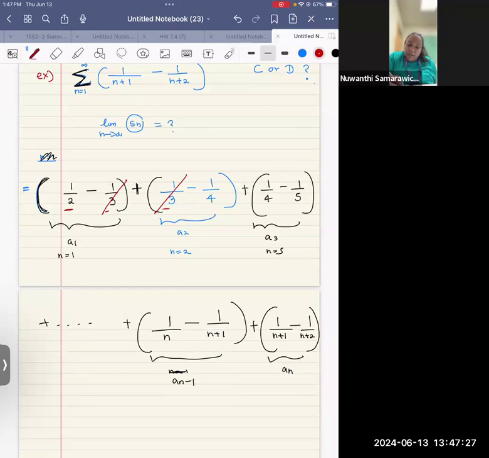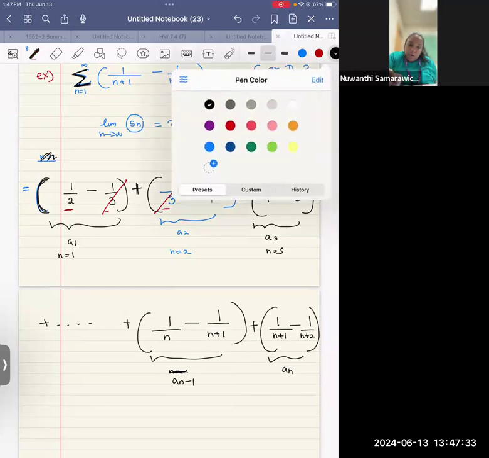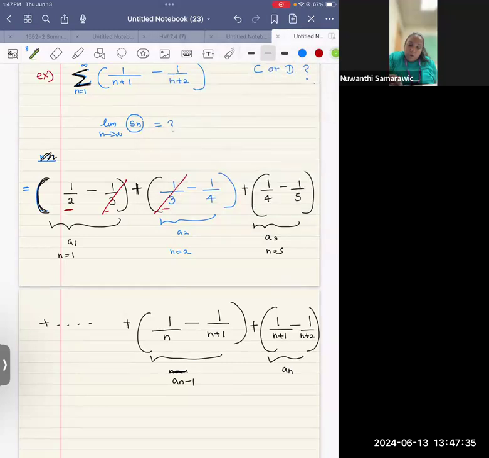What about this term? You have 1 over 4 and negative 1 over 4, and this gets cancelled too. All the middle terms get cancelled. Again, in the n minus 1 term and the nth term, this will get cancelled.